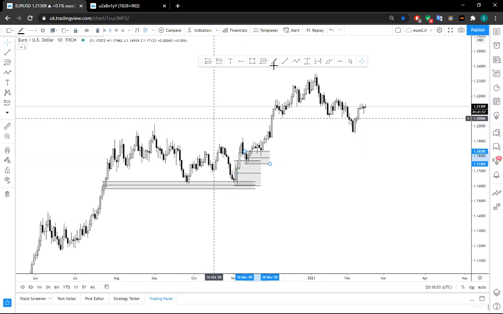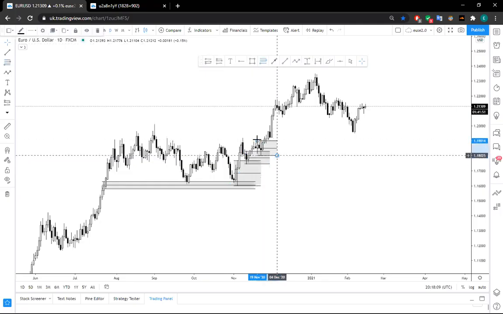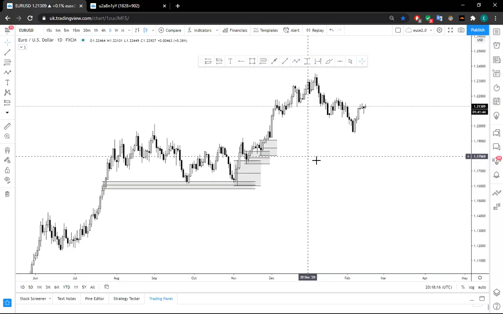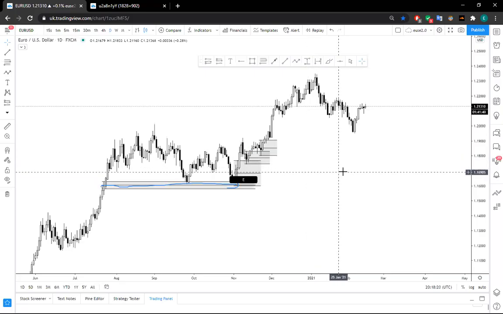Let me draw that here. So that's your next buy money now. You can see how from here, it transfers in here, from here, transfers in here, and here.